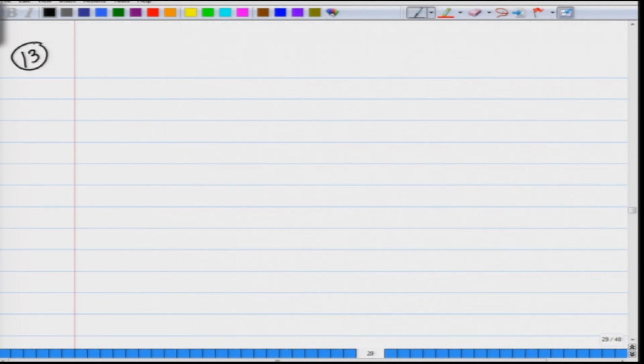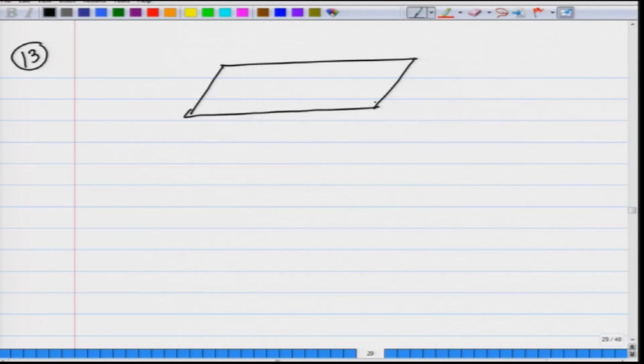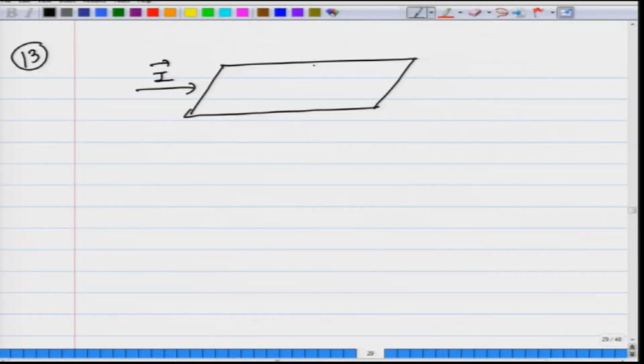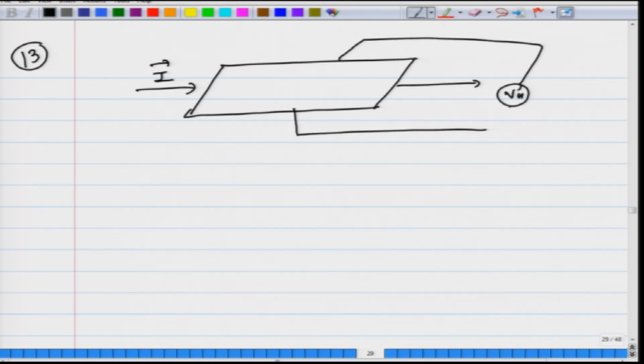Here, according to Drude's model, the longitudinal resistance of a metal when B is applied is, okay, this is for the Hall effect problem that is done by Professor Satyajit Banerjee in his lectures. In this sheet the current is moving through here and I want to measure the voltage along the width, and the magnetic field is applied along the thickness. We take the coordinate axes as x cap, y cap, z cap.